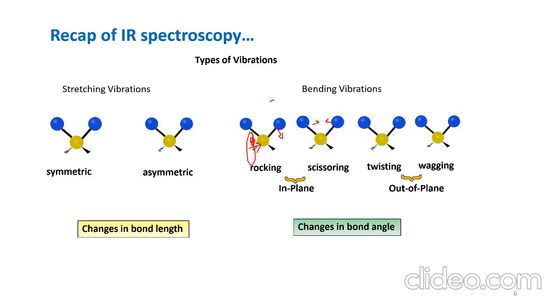Then twisting means one is positive and one is negative. And wagging means both are positive, that means both are in the same direction.